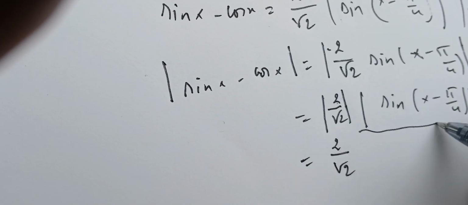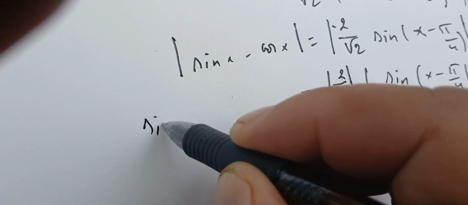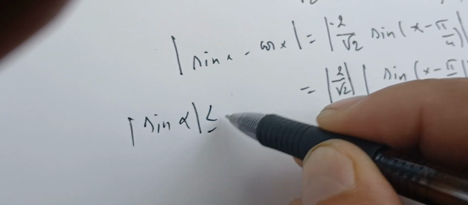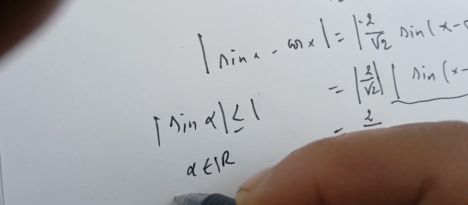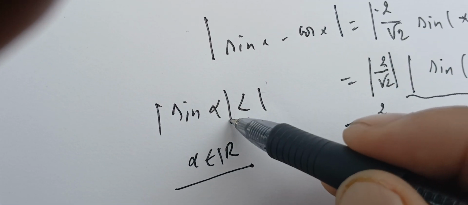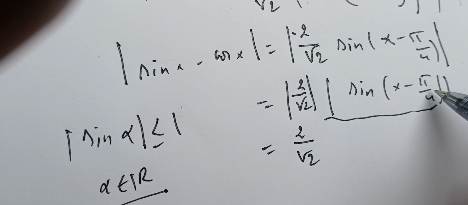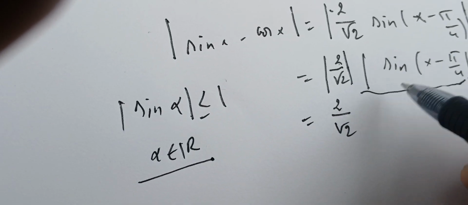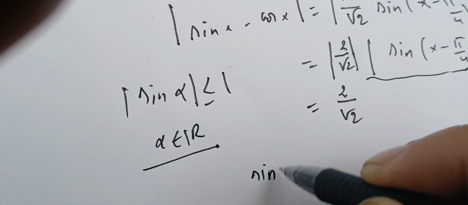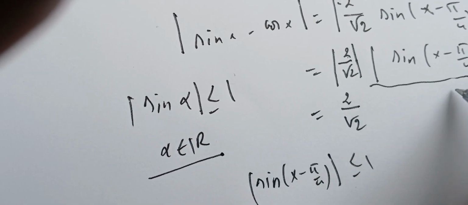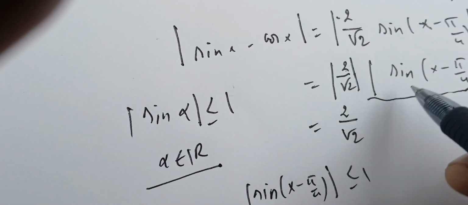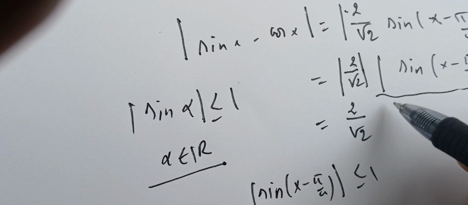Here I'm going to use a fact. I know that the absolute value of sine of alpha is less than or equal to 1 for any alpha in R, for any real number. And if I take alpha to be x minus pi over 4, I have sine of x minus pi over 4 in absolute value is less than or equal to 1. So this gives me this one.